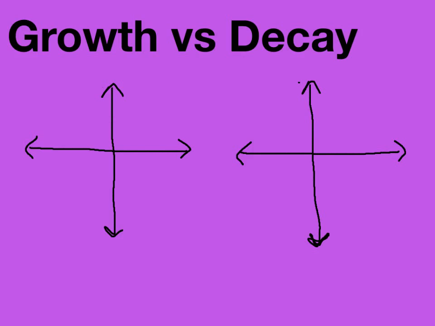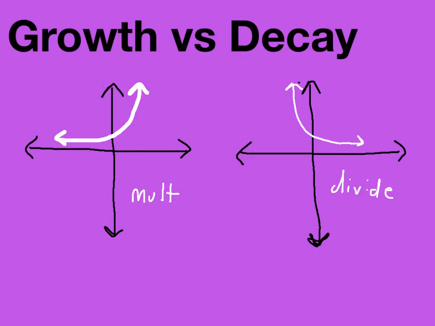One of the things we need to keep in mind in this unit is the idea of growth versus decay. A growth graph does this, and a decay graph does this. In one case, I want you to think multiply. In the other, I want you to think divide.